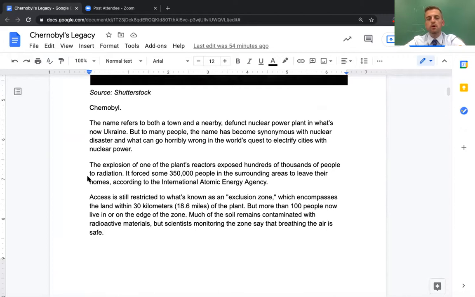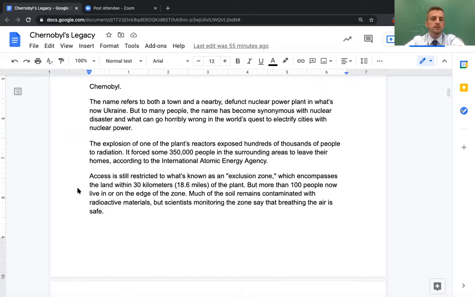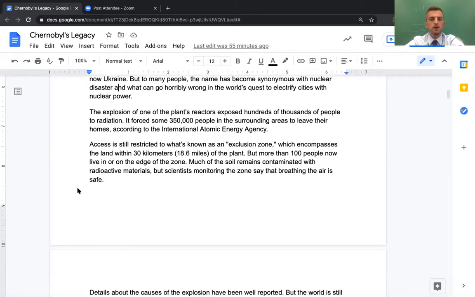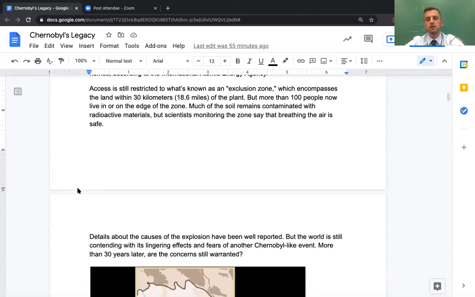It forced some 350,000 people in the surrounding areas to leave their homes, according to the International Atomic Energy Agency. Access is still restricted to what's known as an exclusion zone, which encompasses the land within 30 kilometers of the plant, or 18.6 miles. But more than 100 people now live in or on the edge of the zone. Much of the soil remains contaminated with radioactive materials. The scientists monitoring the zone say that breathing the air is safe.